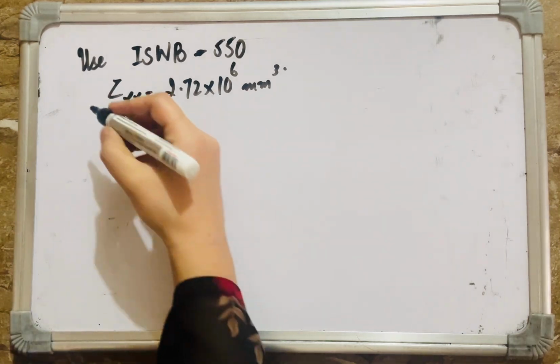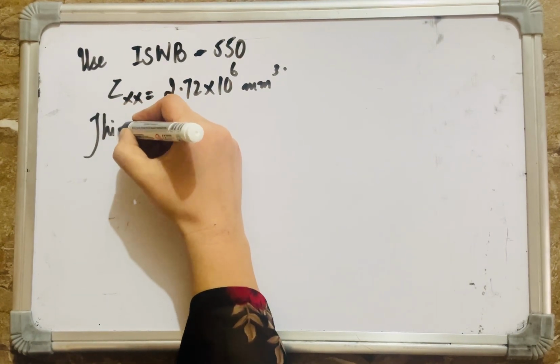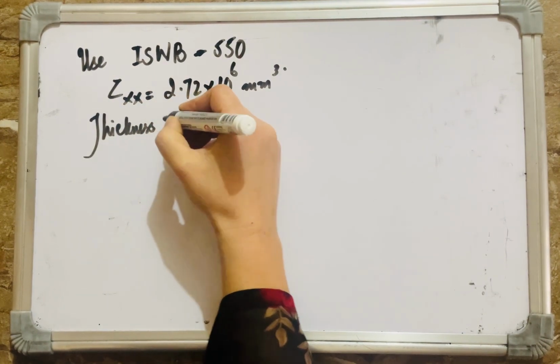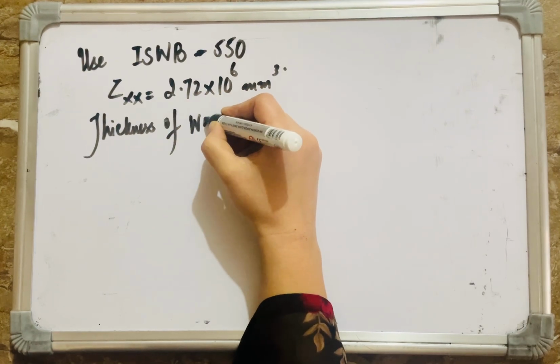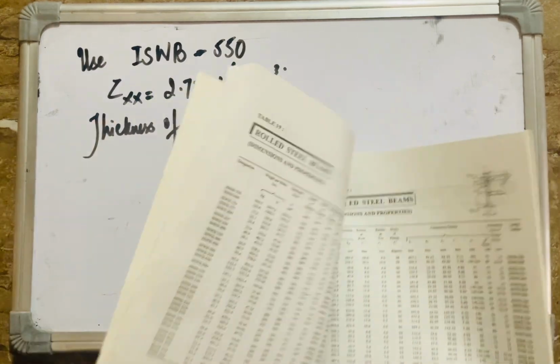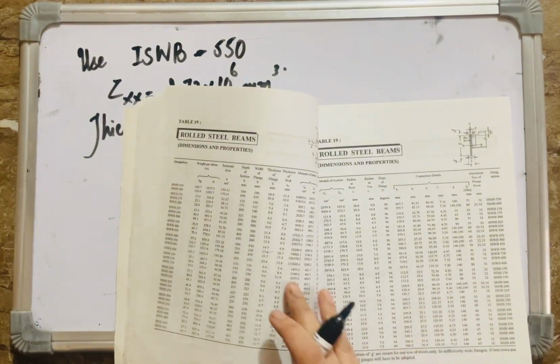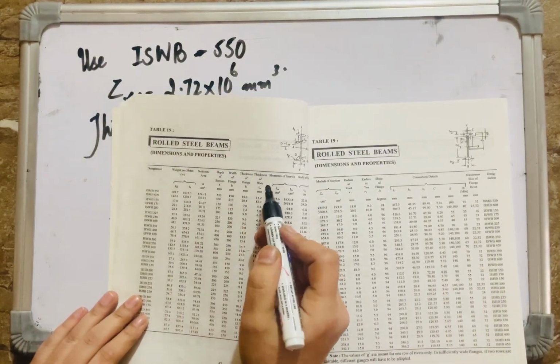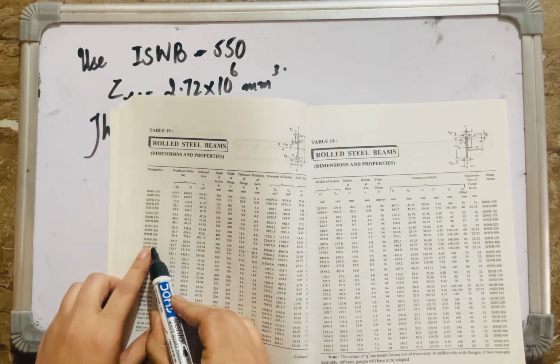We need the thickness of web, that is TW. That for my ISWB 550 is how much? This is the thickness of web, ISWB 550 over here.